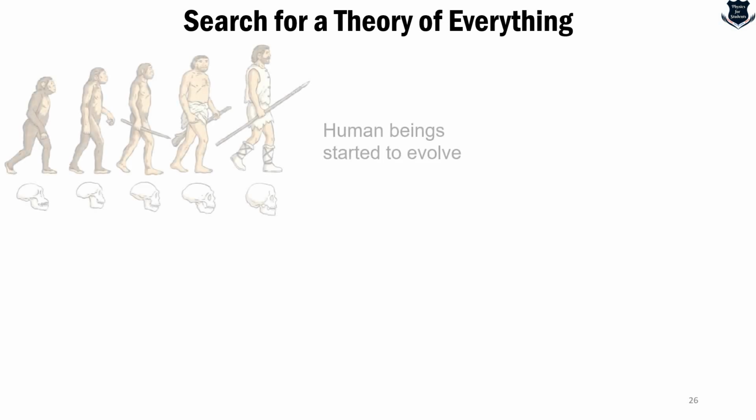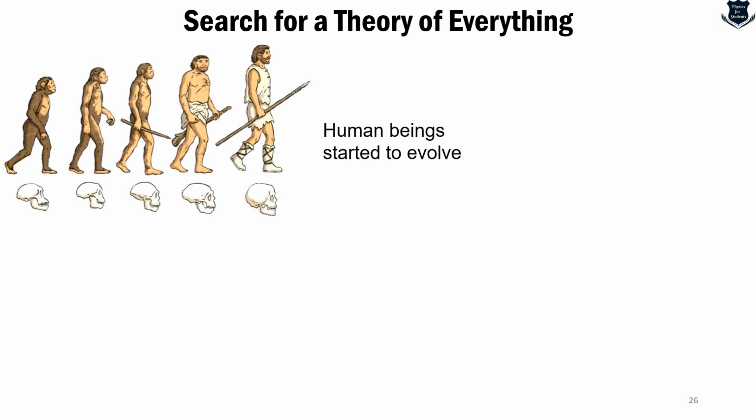So as we turn the pages of our history and go back to the cave ages, we will see that human beings started to evolve. And from the ape man till today's Homo sapiens, you can see that the skull, the brain and the entire structure of the human body slowly evolved.